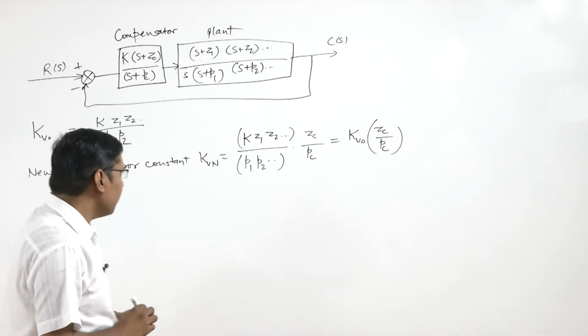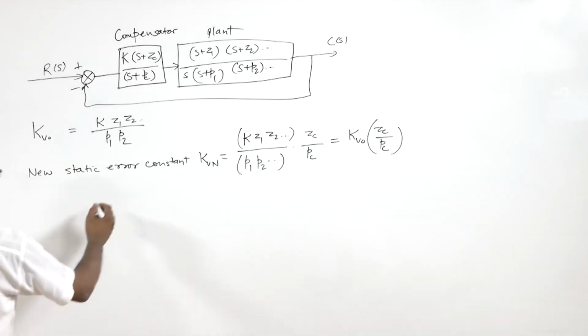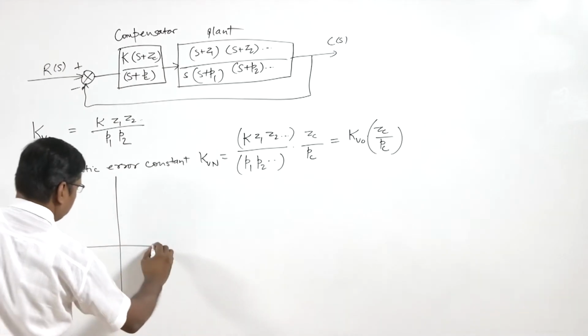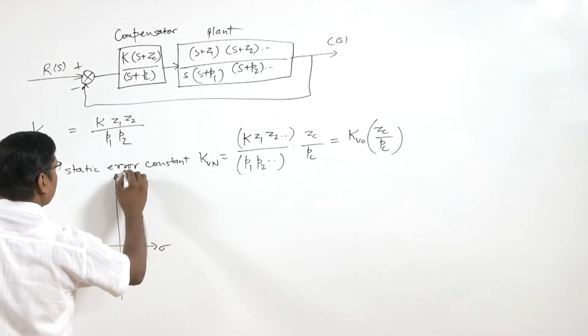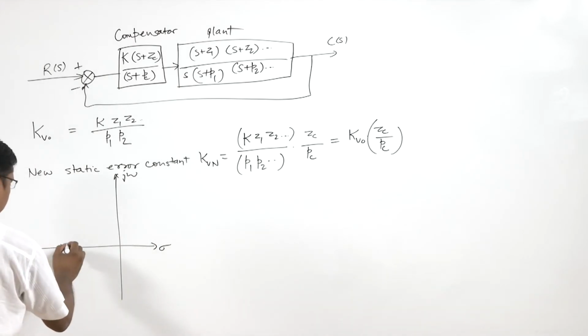So we see the original system has a root locus, if we take these three poles.